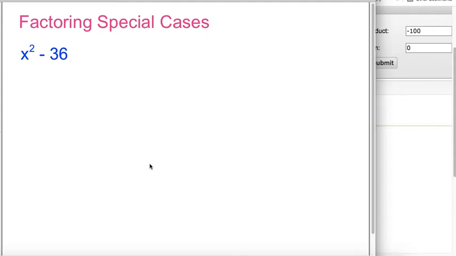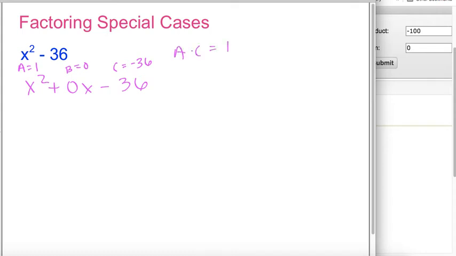Here is another one following that same kind of pattern. x squared plus 0x minus 36. A is 1, B is 0, C is negative 36. A times C, 1 times negative 36, is negative 36.